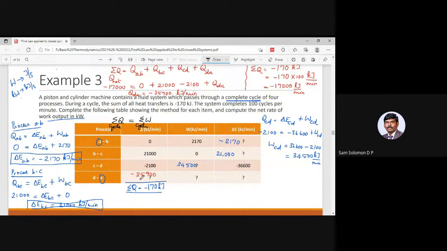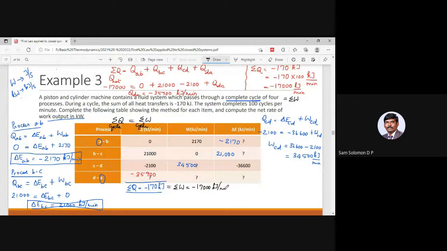Yes, sir. Summation of Q should be equal to summation of W, which means this minus 17,000 kilojoule per minute is also equal to summation of W because it is a cycle. So summation of W is minus 17,000 kilojoule per minute again.